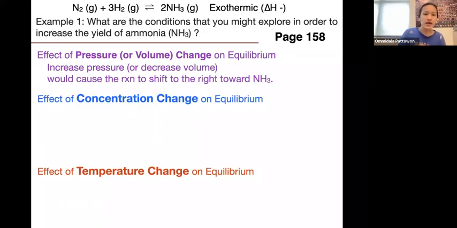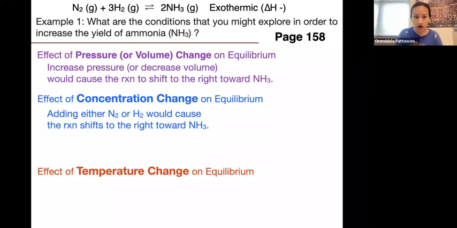So it's causing the reaction to shift to produce more of the product. The second one would be, if you want the reaction to produce more of the product, you can disturb the equilibrium by increasing the concentration of the reactant. If you increase this reactant right here, you are causing the disturbance, and it's going to be minimized by making more of the product, shifting toward the product.